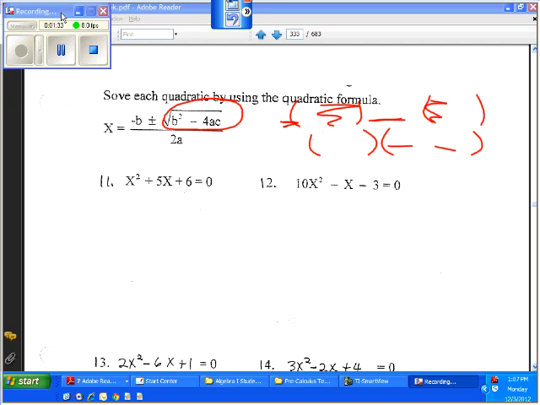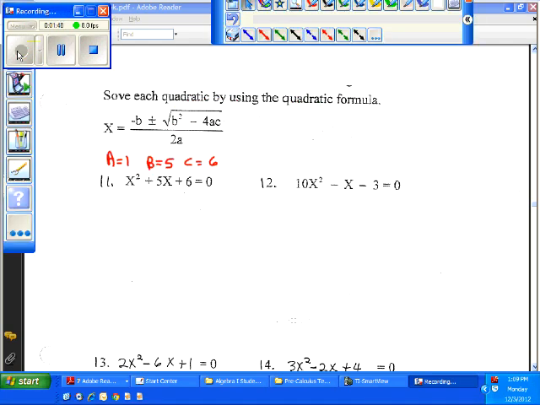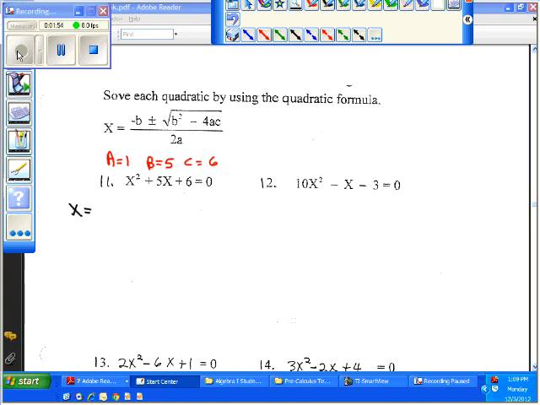Okay, so number 11, the a of the quadratic is 1, the b of the quadratic is 5, and the c of the quadratic is 6. So a equals 1, b equals 5, and c equals 6. And so we have x is equal to the opposite of the b value.